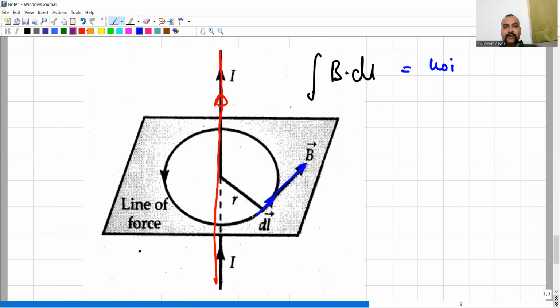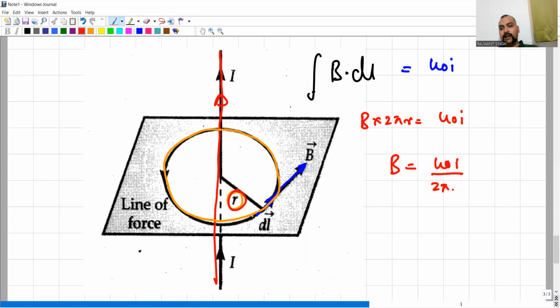And if we integrate this dl, what do we get? We will get the circumference, that is 2 pi a, or in this case 2 pi r. So what do we get? B into 2 pi r is equal to mu naught times I, or simply B is equal to mu naught I by 2 pi r.